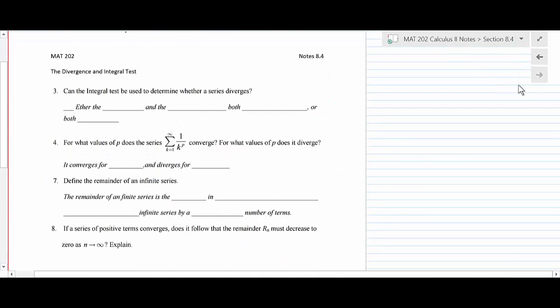So can the integral test be used to determine whether a series diverges? Yes, it can. What we learned is that the series and the improper integral both do the same thing.